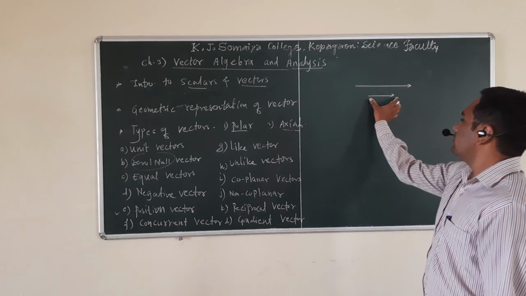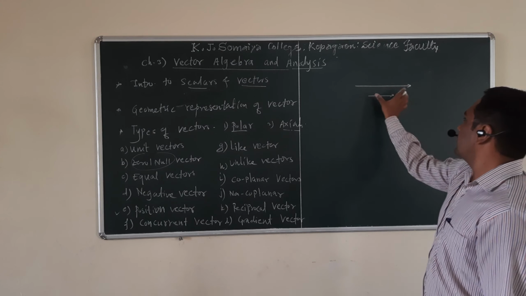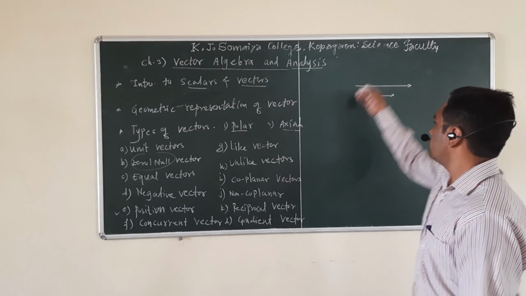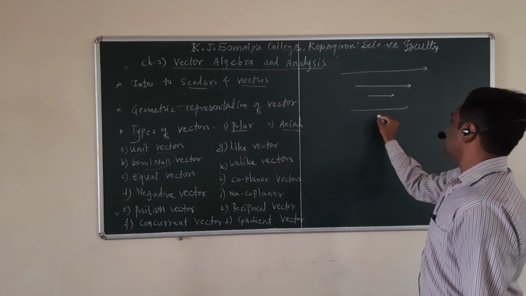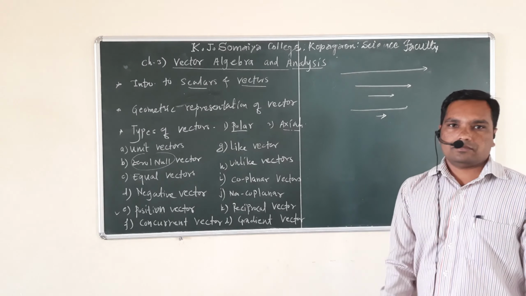The magnitude of this vector is less than the magnitude of this vector, but their direction is the same. So those vectors are like vectors. You can take many more vectors, and all those vectors are like vectors.